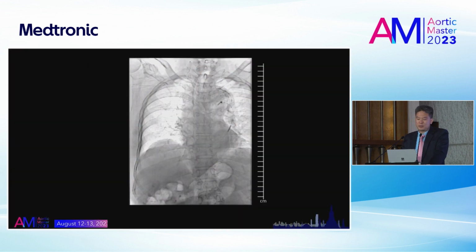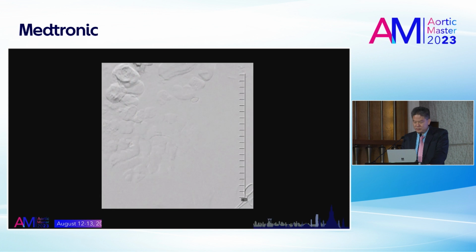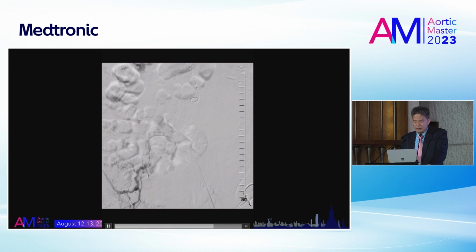We put in a balloon from the brachial artery to occlude the aorta because the patient's vital signs weren't stable. Did an aortogram. And we tried to select the contralateral limb to occlude the right common iliac artery.